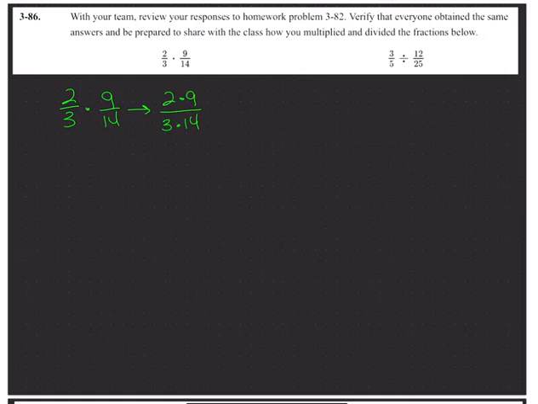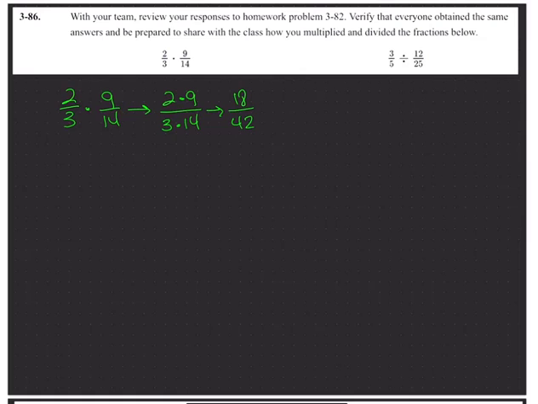And then if we wanted to, we can simplify that further. 2 times 9 is 18 over 3 times 14, which is 42, right? And then we can work on reducing that down into simplest terms.